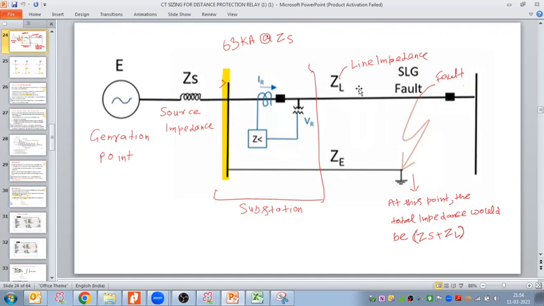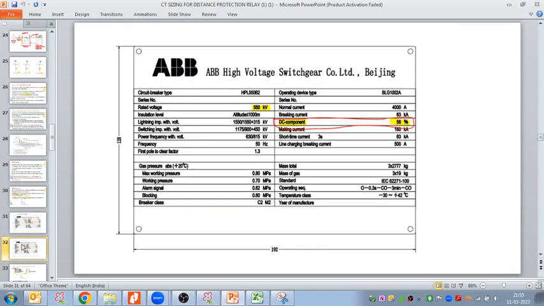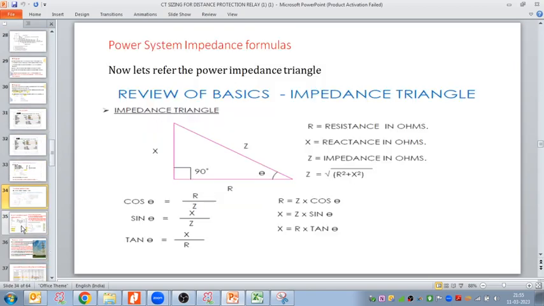Based on these parameters, the transmission line resistance and reactance are decided. So we need to ask for the transmission line conductor resistance and reactance from the client or the transmission line contractor.